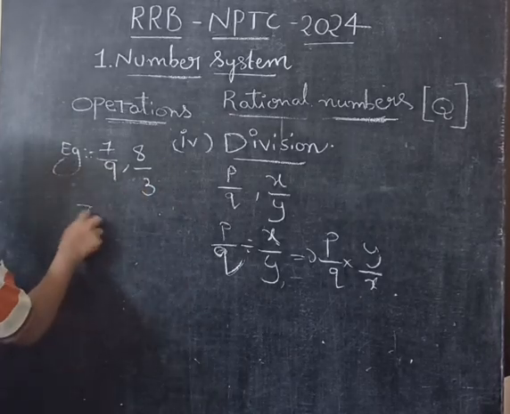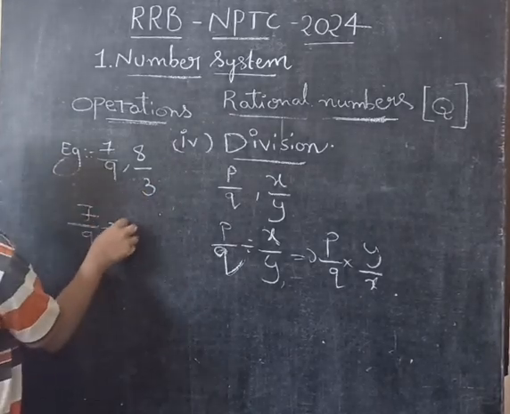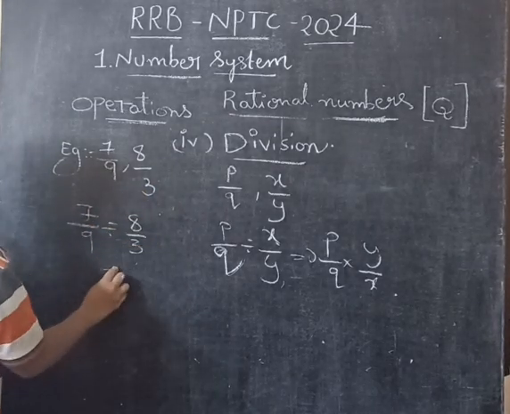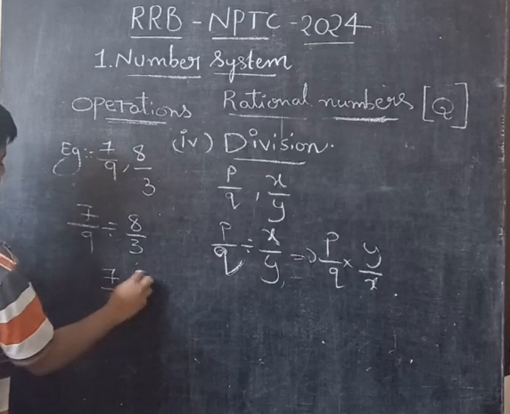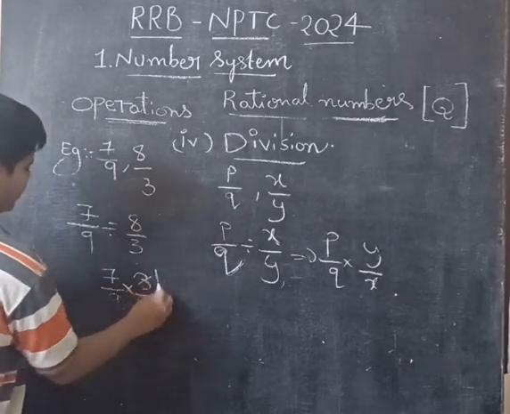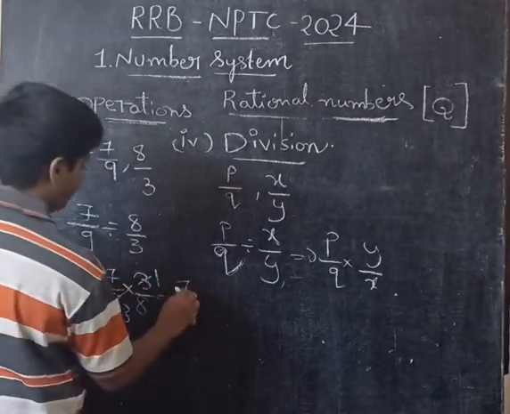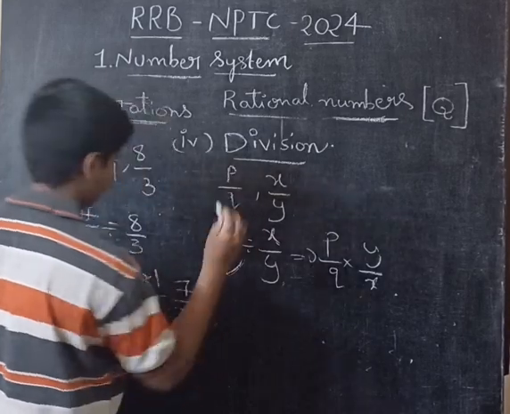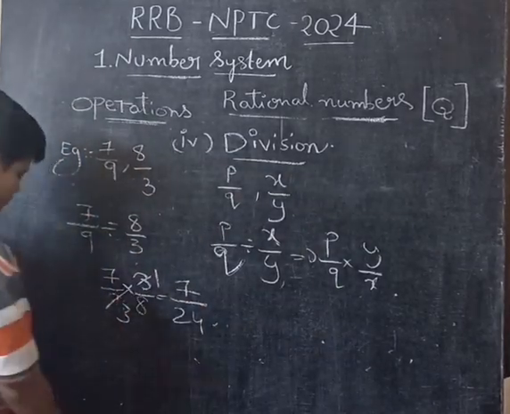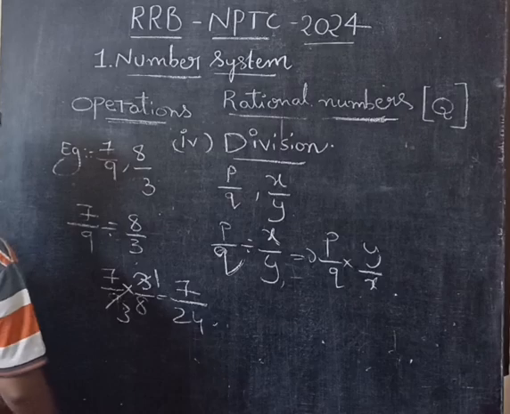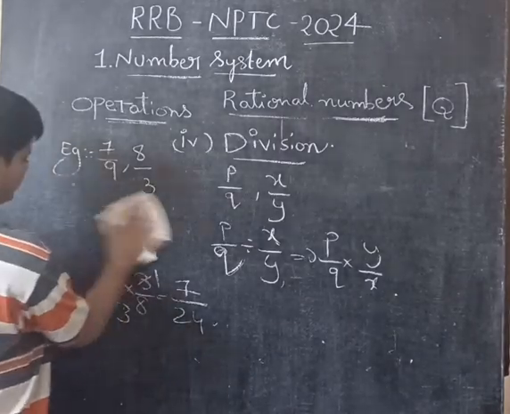Here the division is 7 by 9 divided by 8 by 3, which is nothing but 7 by 9 into 3 by 8. 3 ones are 3, 3 eights are 24, and the answer is 7 by 24.